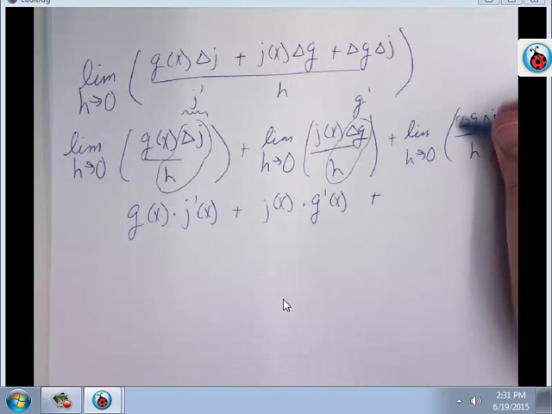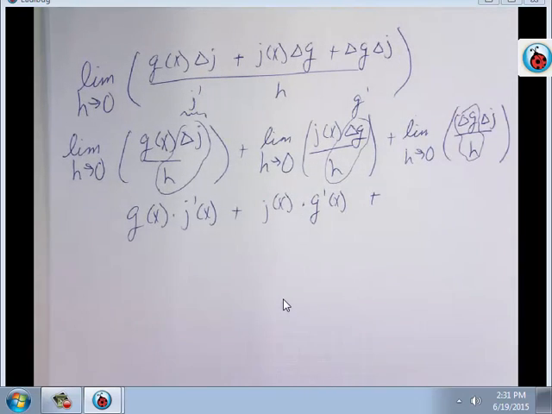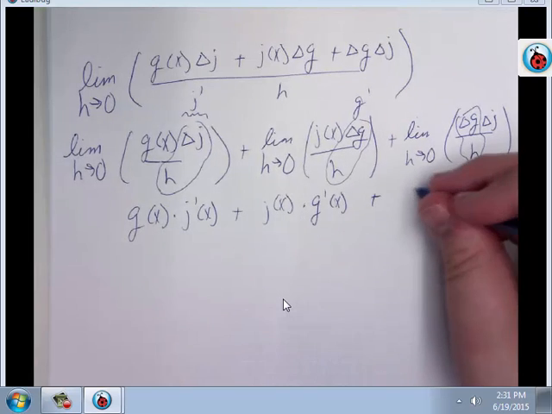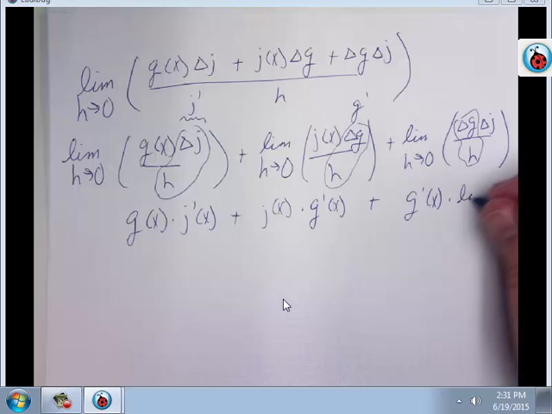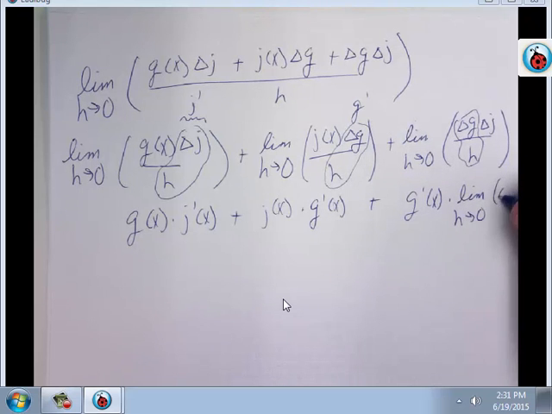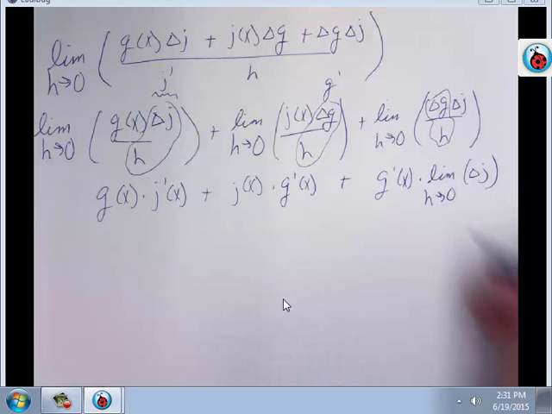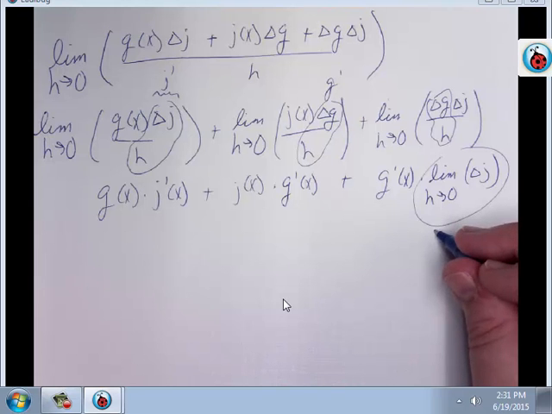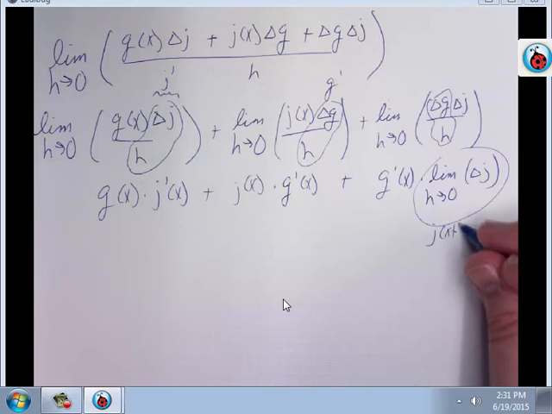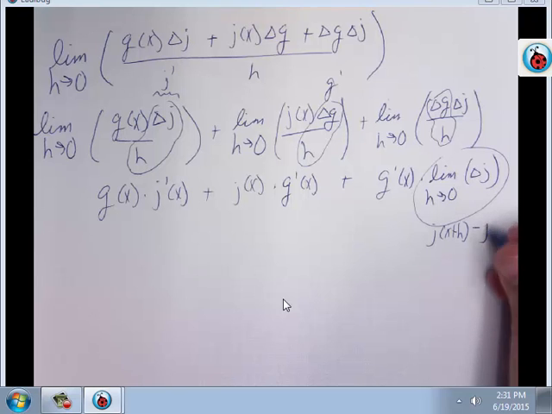But that part there is the derivative, so that's g prime of x times the limit as h goes to 0 of delta j. Well, that means in this case it's j of x plus h minus j of x.